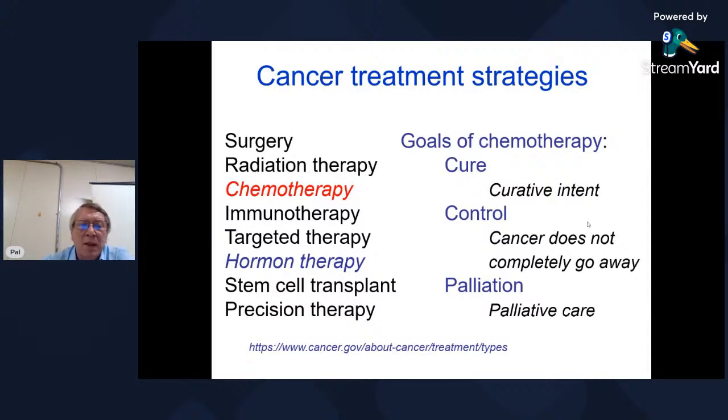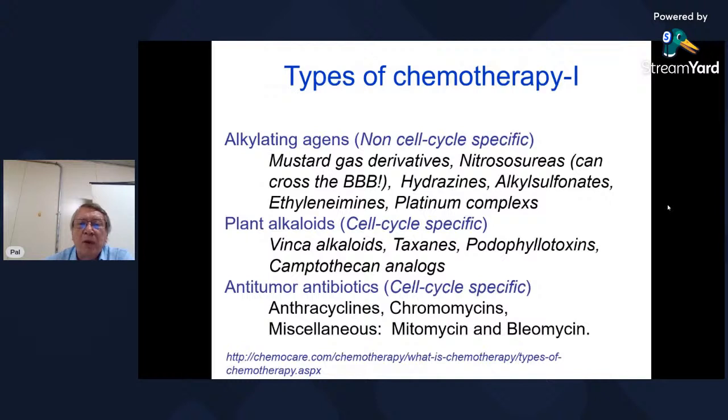In this lecture, in relation to chalcones, we're concentrating on the chemotherapeutical possibilities.